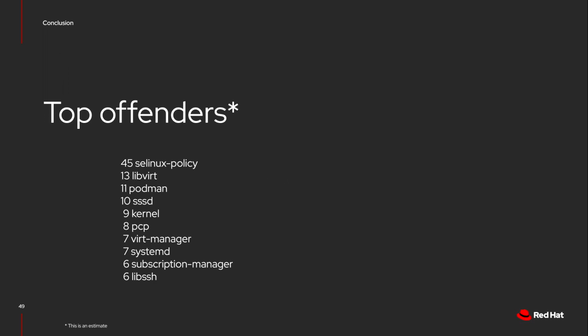These are the top offenders of the things which fail often and make our image refresh tests fail. So when we build a new image and run the tests, these are the top offenders. SELinux is of course number 1, and libvirt also.